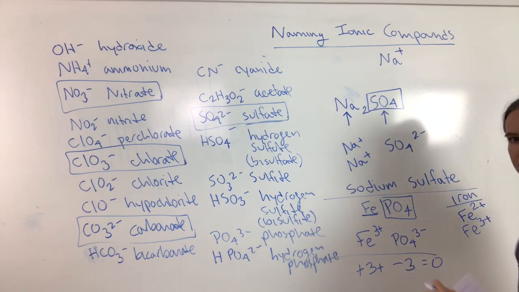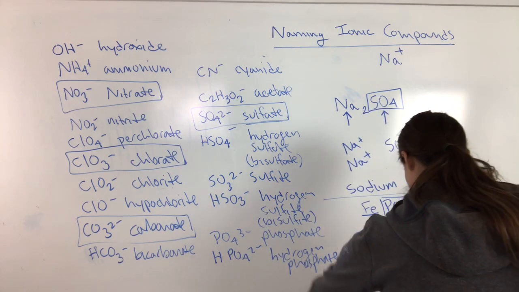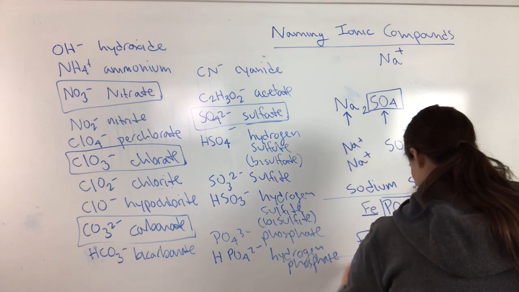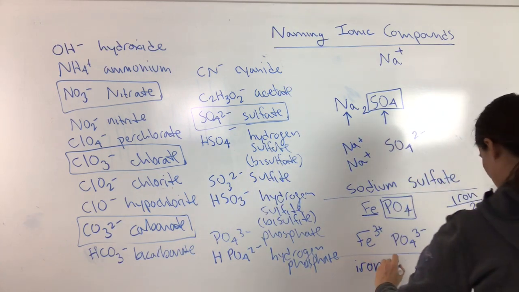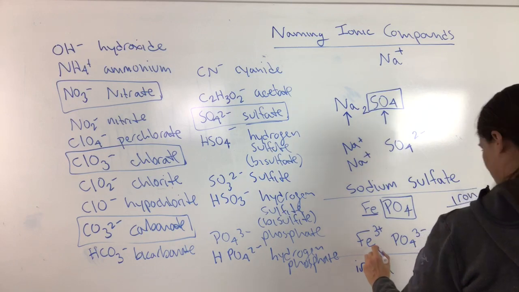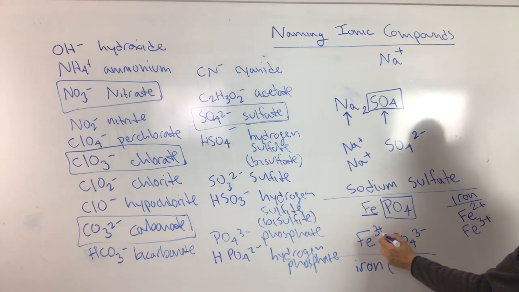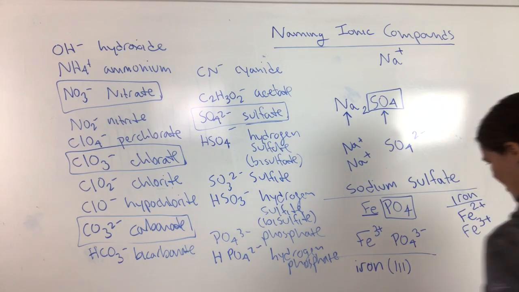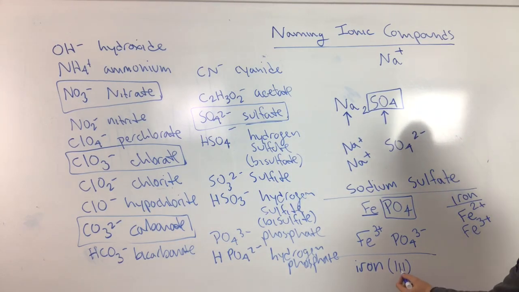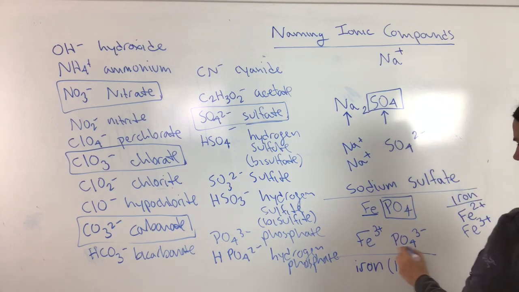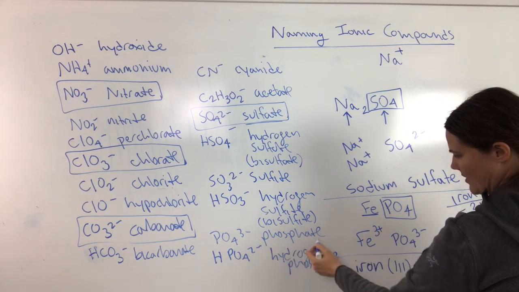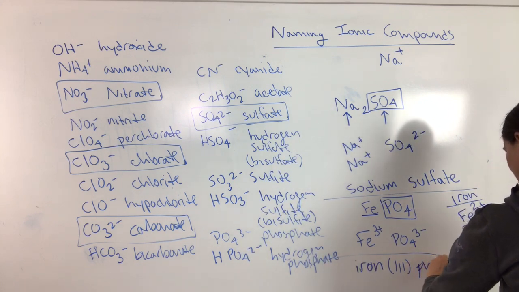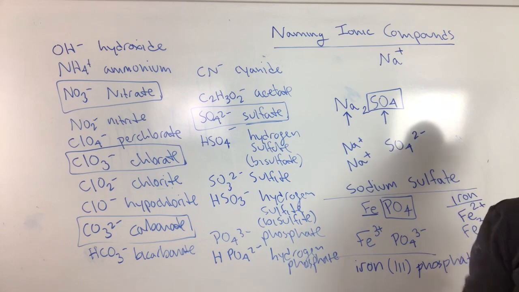So to name this, we have iron, the name of the first element, and then we have the charge in Roman numerals. So this would be iron 3, because it has a charge of +3. And then we just put the name of this polyatomic ion here. So we have iron 3 phosphate.